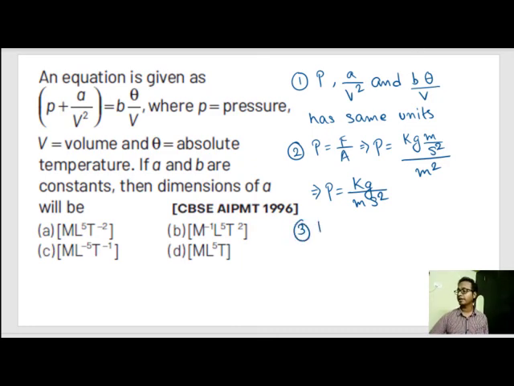Therefore, kg meter per second square is same as A by V square, where V is the volume. So volume is given by meter cube or length cube. Okay. So meter cube square.